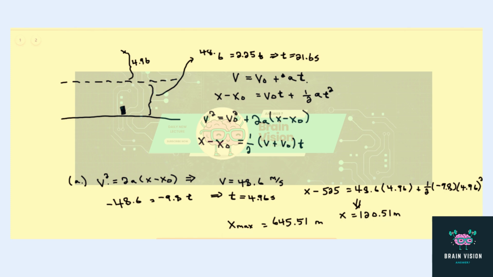And so lastly, we need the time it takes to get from 525 down to 0 again. It's actually easiest to calculate the final velocity at this point, and then we can use that to find the time it takes to get to that point.